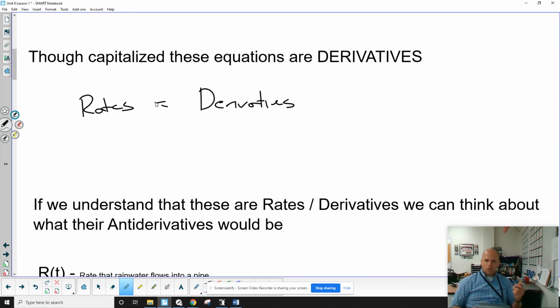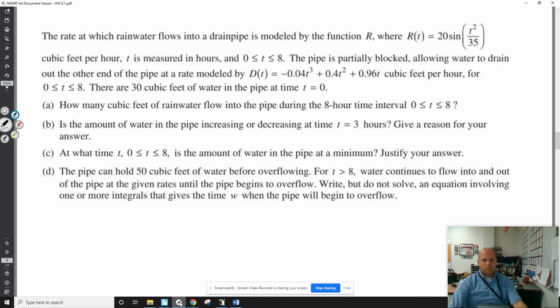Okay? So it's confusing to students a lot of times because you're used to capital R's being a derivative. Yes, this is a derivative of some sort of function. I don't know what it is because I can't take its antiderivative, which would tell me how much total rainwater has flowed in.